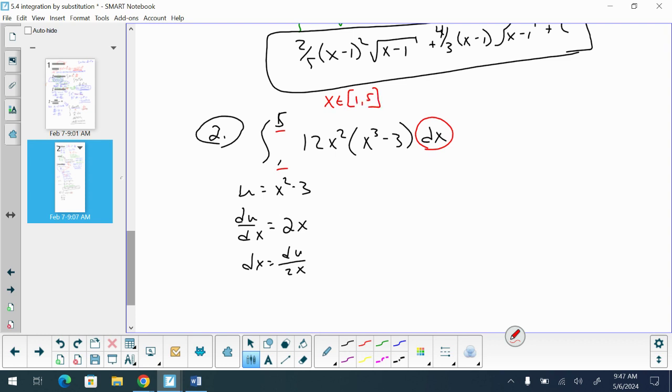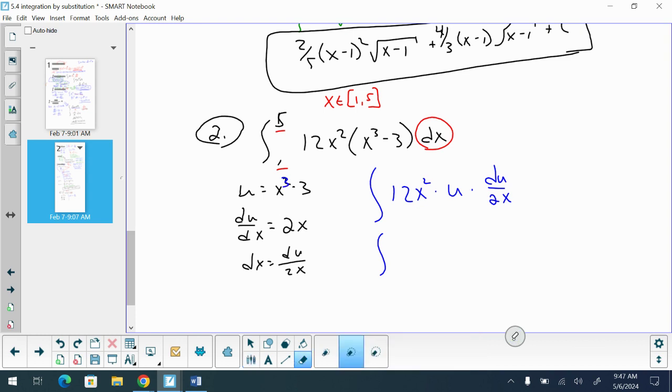If we do our substitutions, we have our 12x squared times u times du over 2x. So we come down to, oh, this should be a square, my bad.